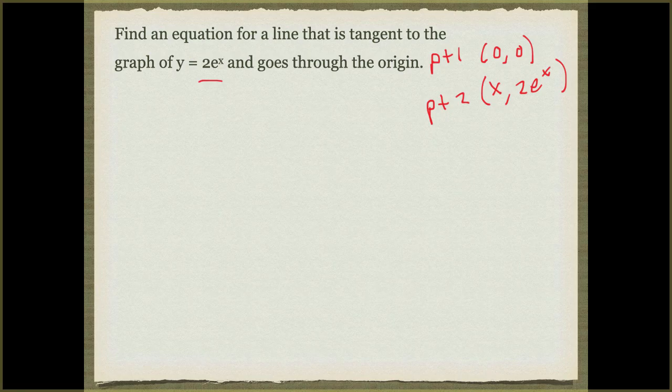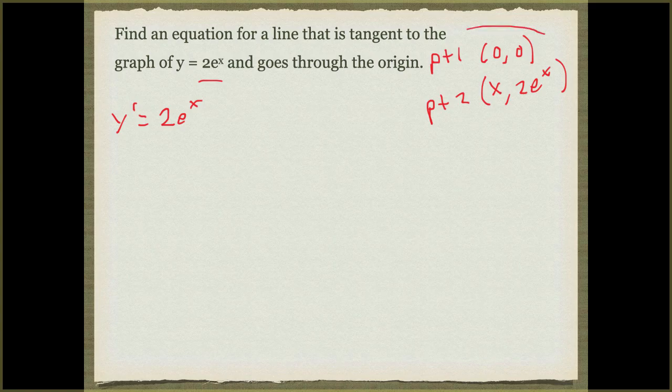So we know the equation of this line is going to go through these 2 points. All right. So now we're going to look at how can we figure out our slope. We have 2 points, so now we need a slope. To find the slope, we need to take the derivative. So y prime of 2e to the x is 2e to the x. We take the exponent, we have e to the x, so we write it down again. The derivative of x is 1, so our derivative is 2e to the x. Well, we know our slope is this, 2e to the x.